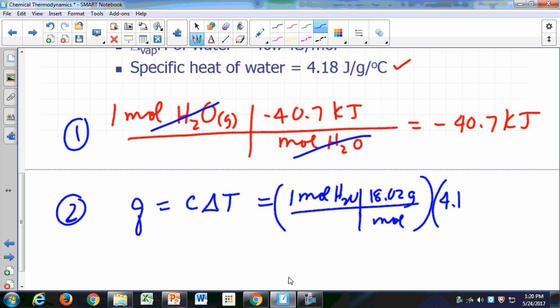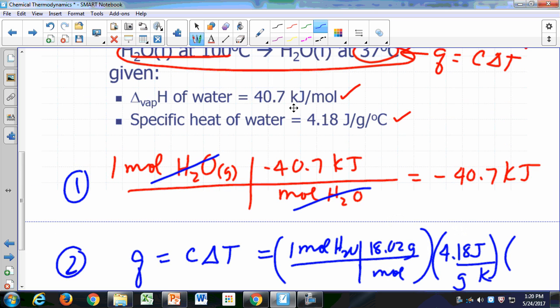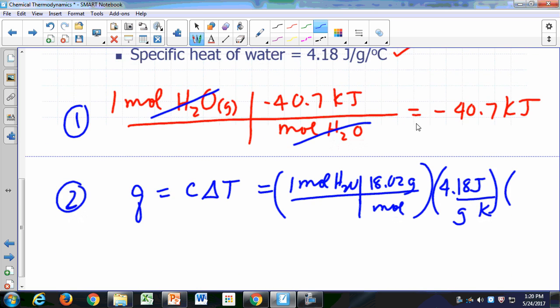Specific heat of water is 4.18 joules per gram Kelvin. And our delta T, what's our delta T? We went from 100 to 37, so that's going to be 37 minus 100 degrees Celsius, or Kelvin, since we're dealing with temperature changes. So Kelvin cancels out, gram cancels out, mole cancels out.